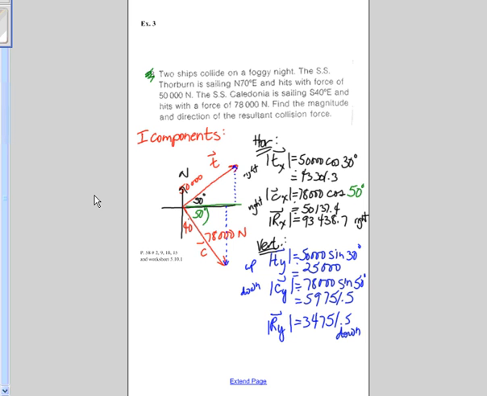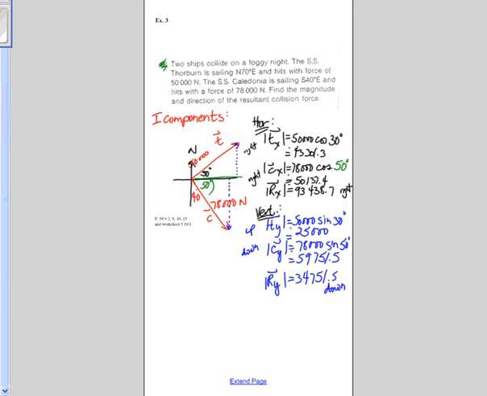So we have the components for our resultant. We can put them together and determine the resultant force. So I have a force to the right, 93,438.7 newtons.